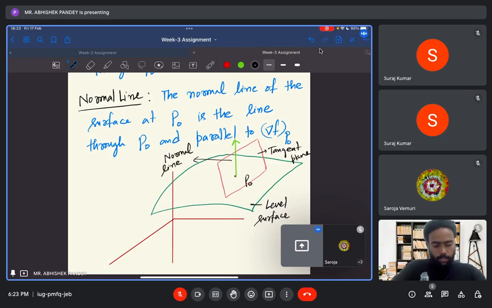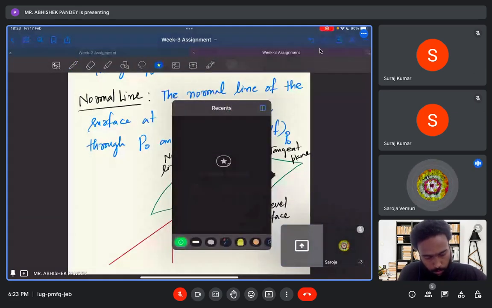In fact, del f at p naught is a normal to the tangent plane. It is one normal, so every vector parallel to that one will be along a normal line. I hope this is clear.